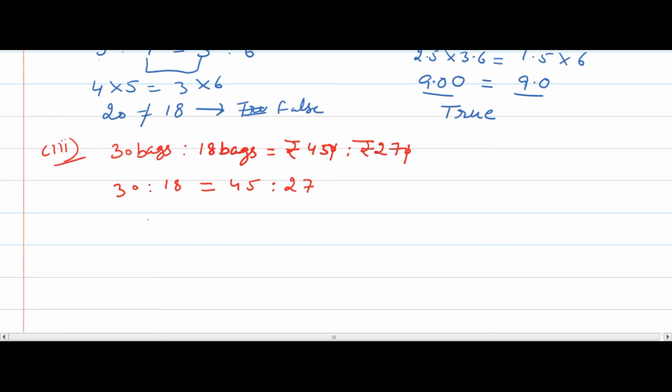Now product of means 18 multiplied by 45, product of extremes 30 multiplied by 27. So 18 5s are 90, 18 4s are 72 plus 9, 81. Here also 27 3s are 81. So both sides are equal. So our statement becomes true. Right, students?